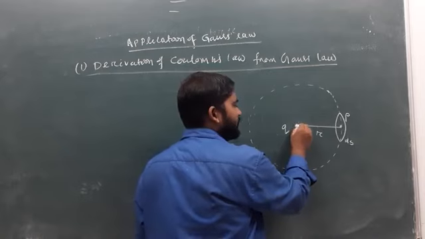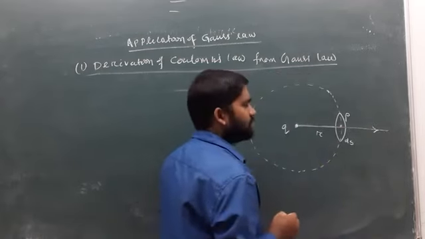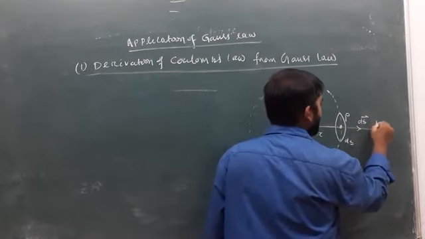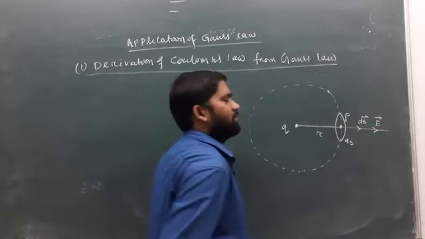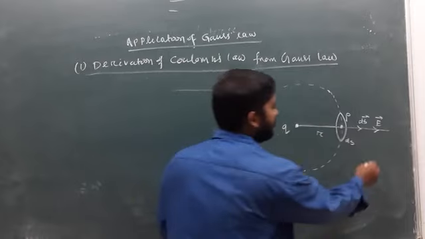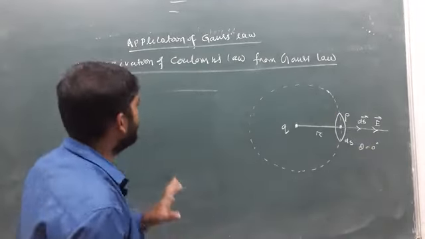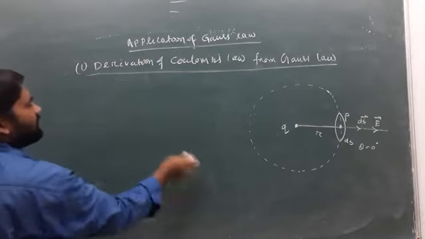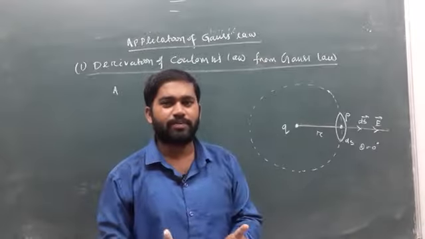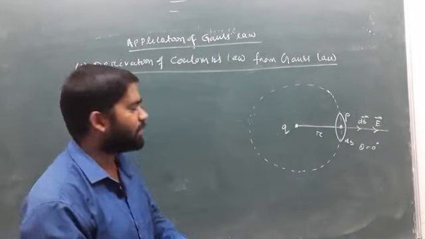As it is a positive charge, the electric field is in this direction, and the surface vector also lies in the same direction. So theta equals 0 degrees. Must remember, for a point charge the imaginary Gaussian surface must be spherical.